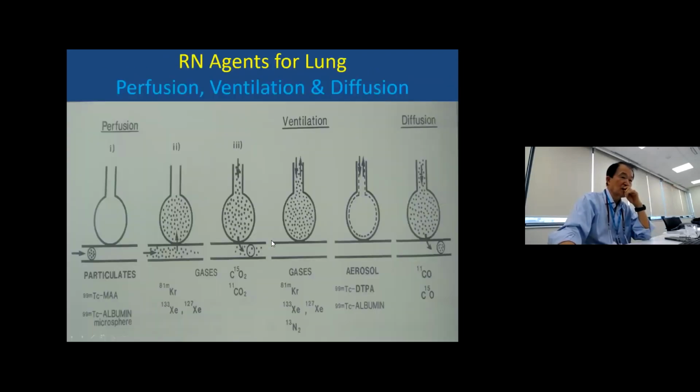Okay, so for ventilation, we use a xenon study, but krypton-81 if you have a cyclotron, or certain technetium gas or other things. Aerosol DTPA: if the patient uses a nebulizer and breathes in and out properly, that's very useful because the images are very comparable to perfusion imaging.